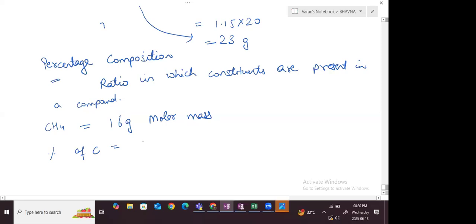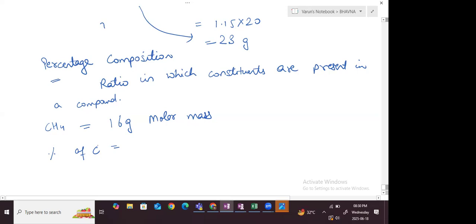If I say that you scored 400 marks out of 500 marks in your paper, you have 5 subjects and in total you have scored 400 marks out of 500. So how do you calculate the percentage? 400 divided by 500.